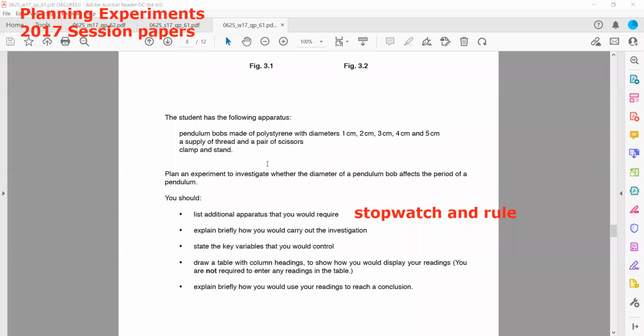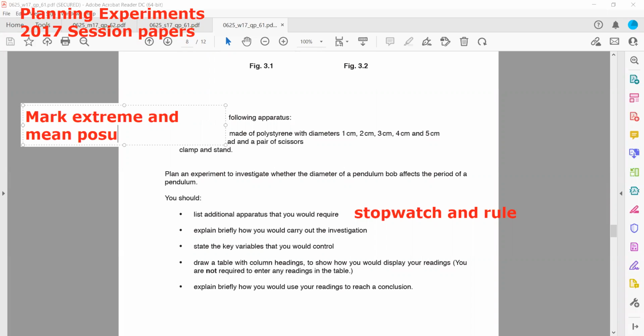Explain briefly how you would carry out the investigation. For the time period, first we mark the mean position, or mark the fiducial points, or we can say mark the extreme and mean position. Release the pendulum from the extreme position.